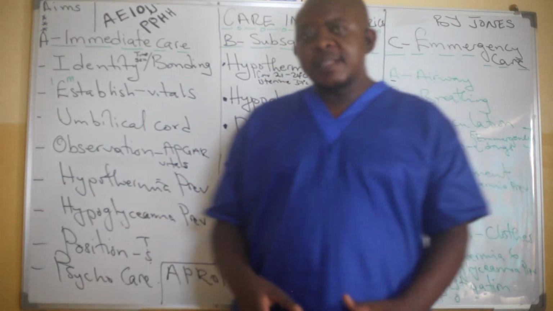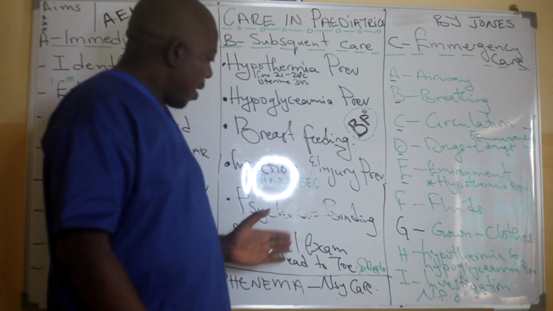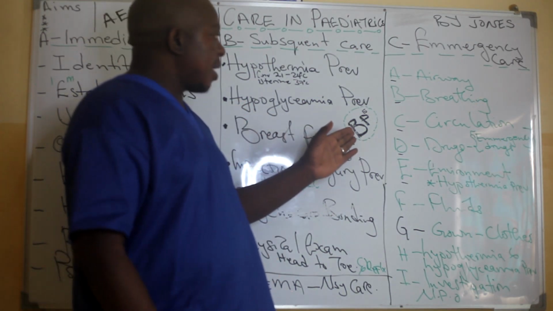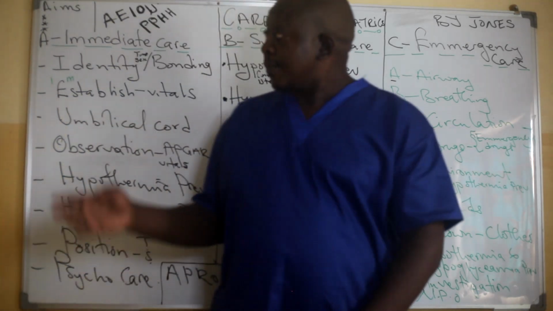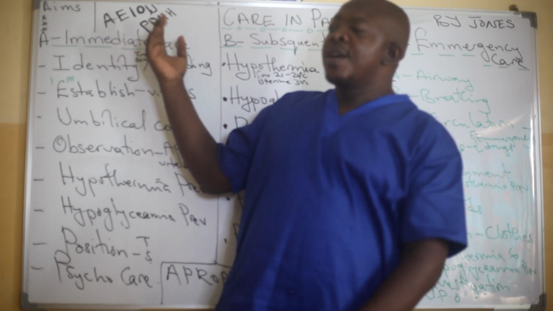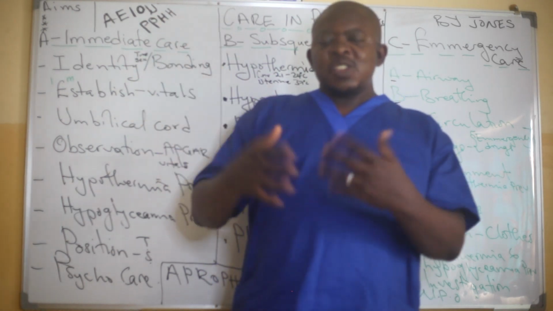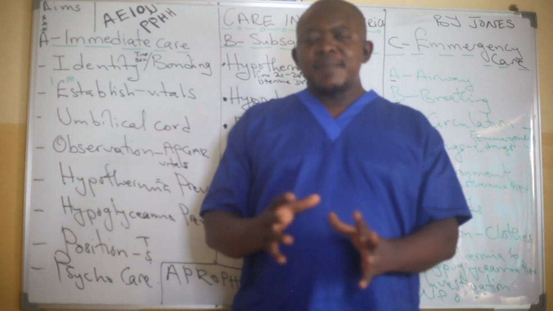All right, apart from that, then we have looked at the subsequent care. In the immediate care, we said R, A, E, O, U, and then we have P, P, H, and the other letter H, so that you remember the core elements there.